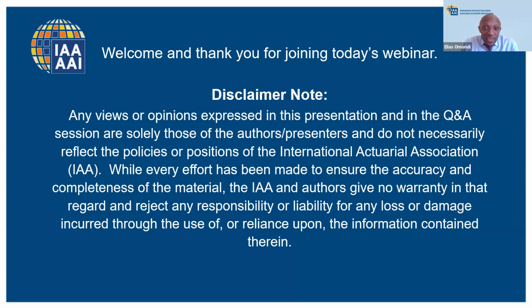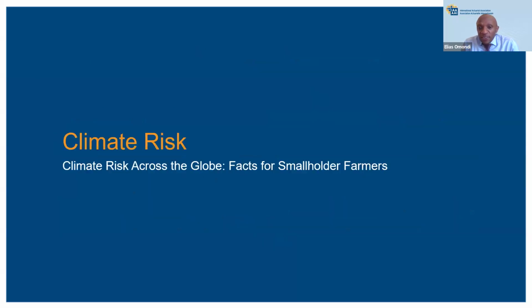I'll go to the next slide, and this is just to set the base of what we are going to discuss today. Before I do that, it will be great to first mention the team that will be with us. I have Isaac Zambo.